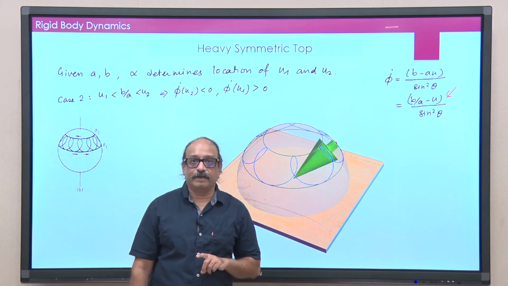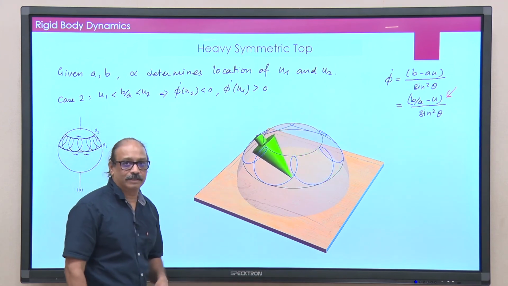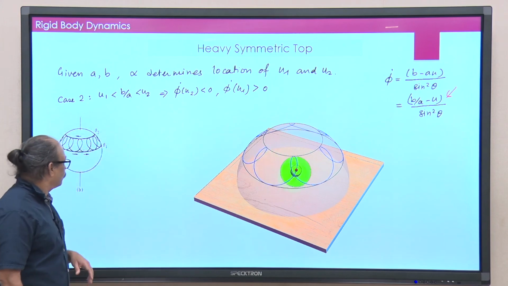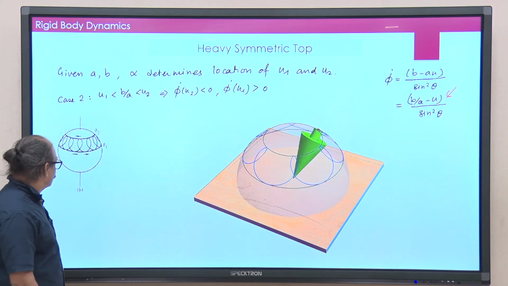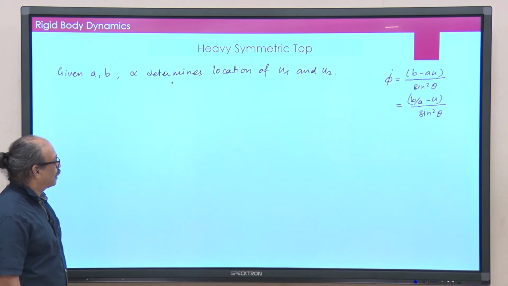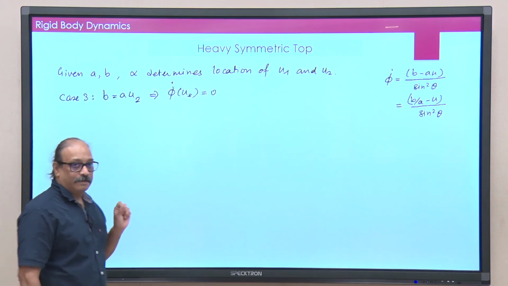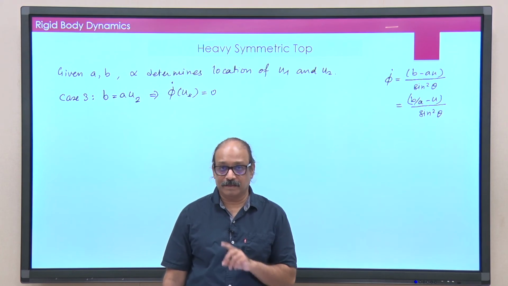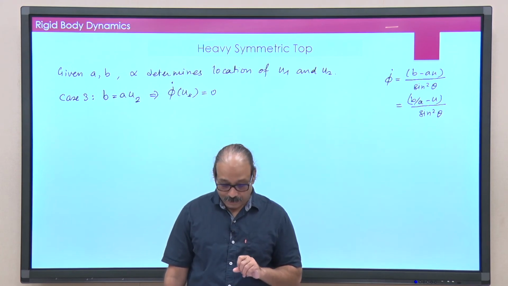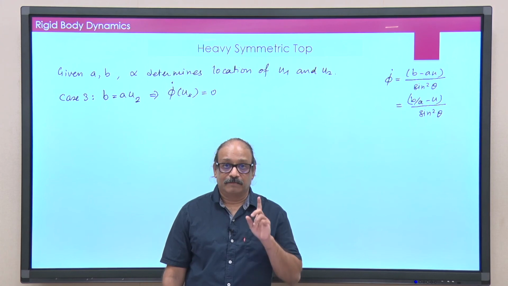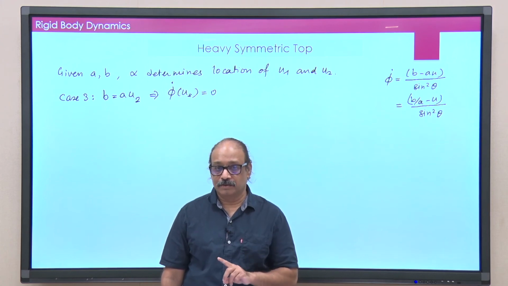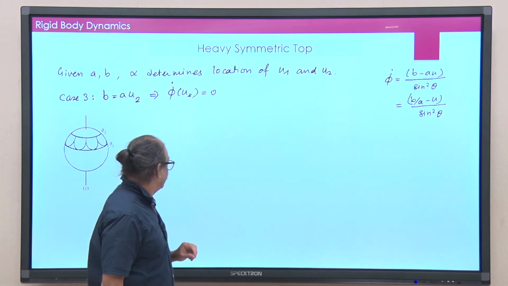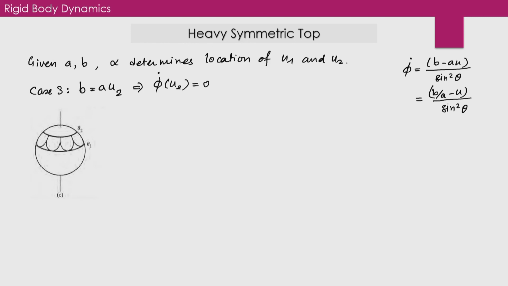And somewhere in between these two motions, this also is a motion that we sometimes see. In between these two motions is the motion where B by A is exactly equal to u2. Okay, that is just one point. At that point, what will happen? Phi dot at u2 will be 0, and that means at theta 2, this phi dot is 0 and theta dot is also 0.